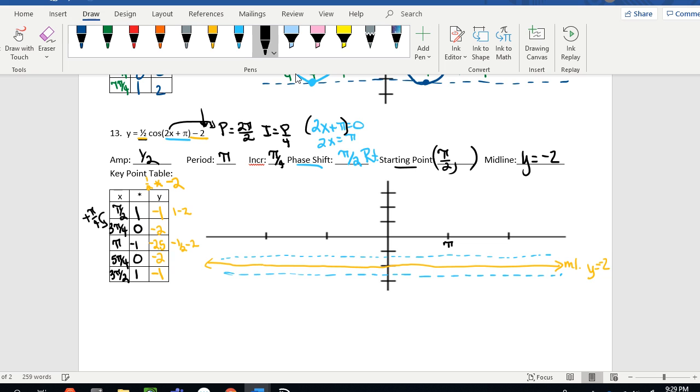If I make this pi, and this is pi over 2, this is pi over 4, this is 3 pi over 4, and then we get pi, and then cut it in half, half again, 5 pi over 4, 6 pi over 4, which is 3 pi over 2, another mark, and this is at 2 pi.